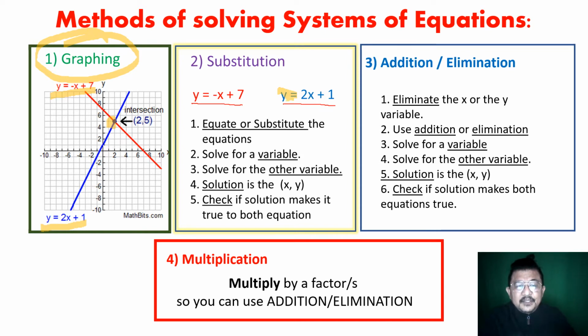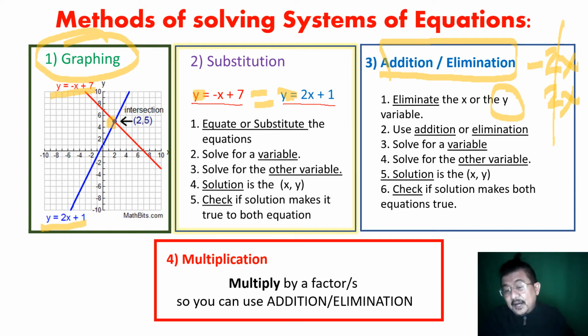We make them equal to each other and then we solve for x. Remember that? And then we use addition and elimination. Remember, if there's a negative 2x on top and a positive 2x on the bottom, you could cancel that so that you could solve for y. Once you solve for y, then you could solve for x.